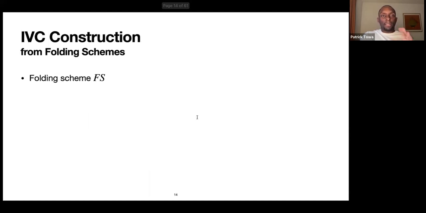And the idea originates, I think, from the paper Proof-Carrying Data without Succinct Arguments. And there's also the Nova paper, with somehow the same idea. So you start with a folding scheme, the FS here.